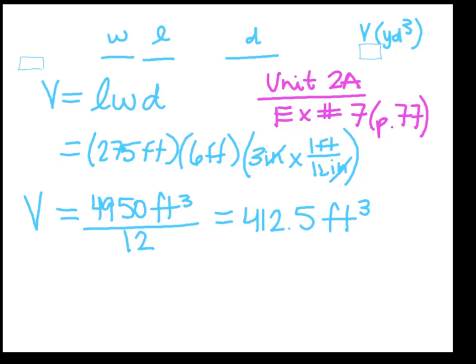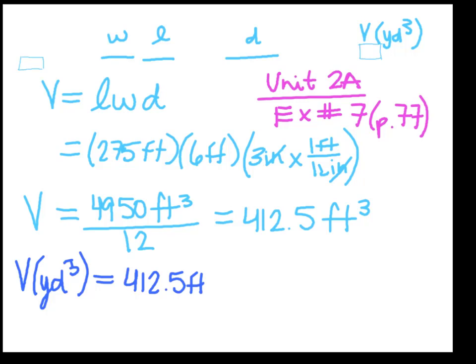So to convert cubic feet to cubic yards, we will multiply 412.5 feet cubed by the conversion factor for feet to yards, which is 1 yard over 3 feet.